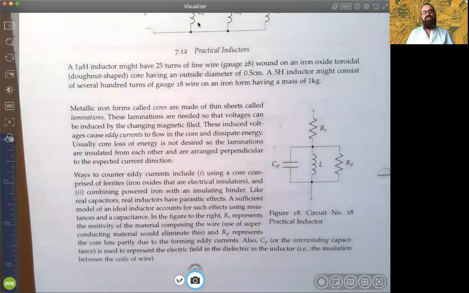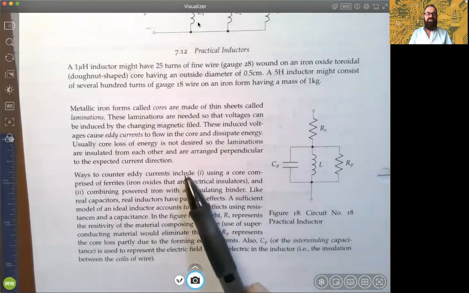So usually core loss of energy is not desirable, and you'd like to, just like an insulator, keep things in and not lose this energy. So again, like we had before with capacitors, it might be a good idea to model a practical inductor that demonstrates some of that loss of energy due to eddy currents, okay?